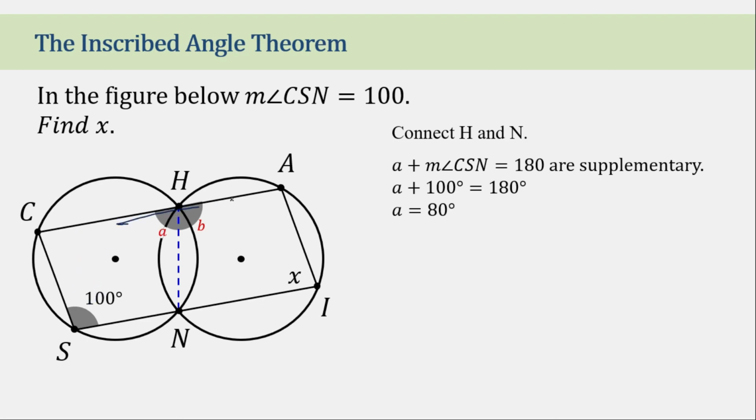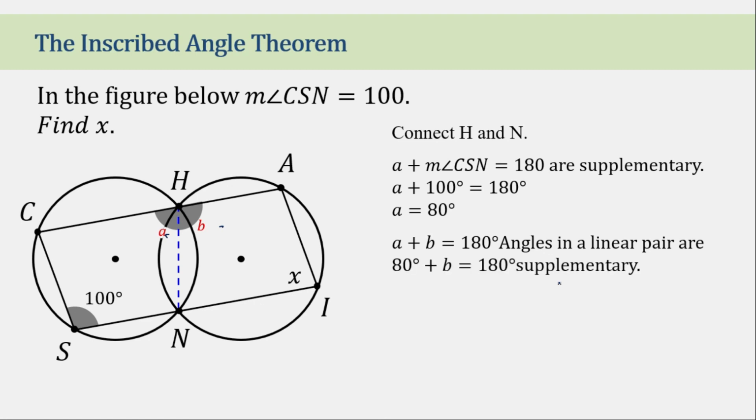Since it is a linear pair, meaning it is a line, if we add A and B, we get 180 degrees as well. So what are we going to add to A, which is 80, to get 180? And that is 100. So this is 80, this is 100. Now what are we going to add to this 100 to find the value of x?